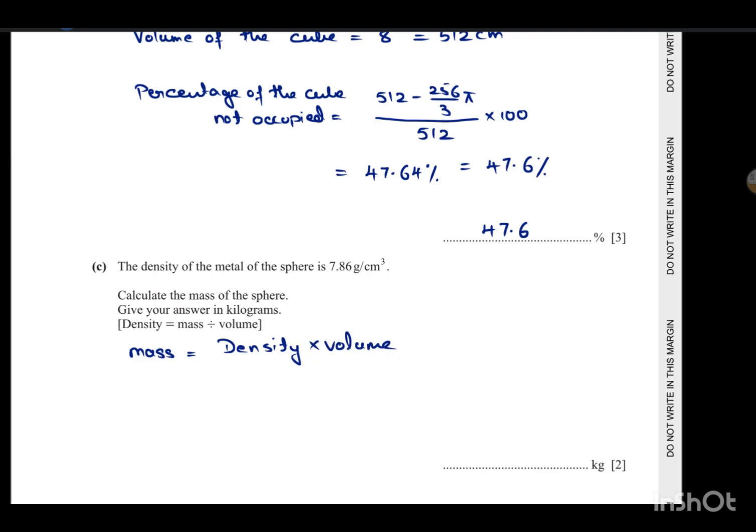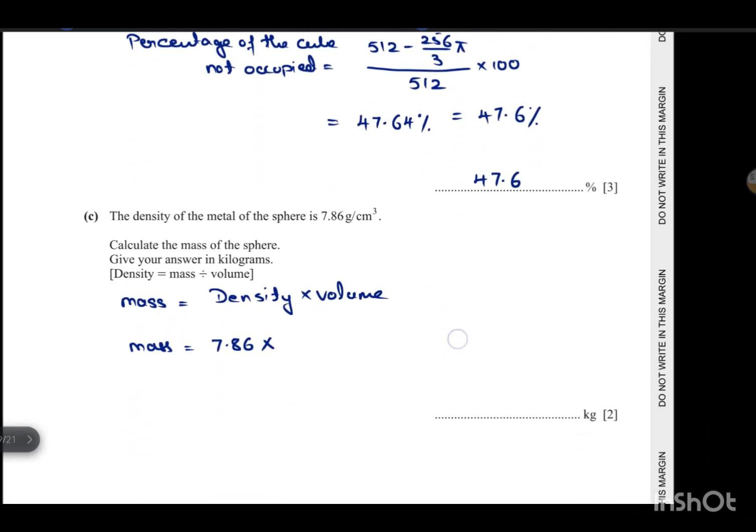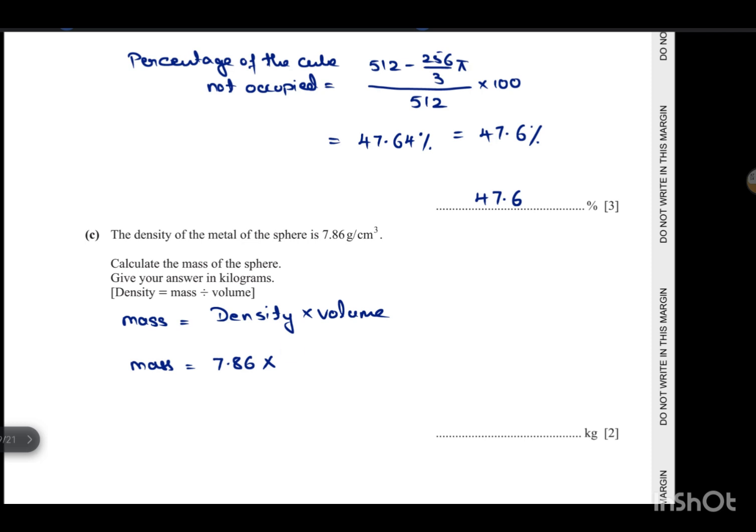The volume of the sphere we already found out. Density is given, 7.86 grams per centimeter cube, multiplied by volume. We already did here, 256 by 3 pi.